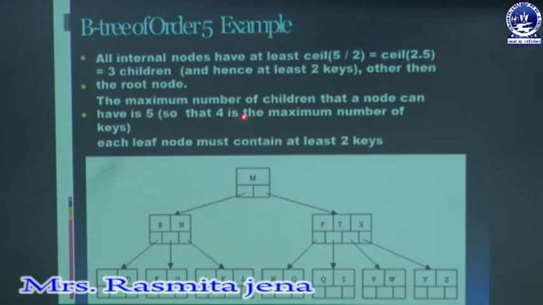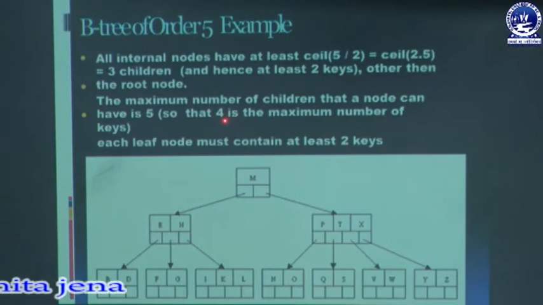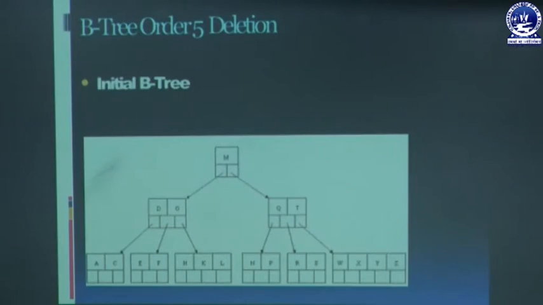The maximum number of keys for a particular node is 4, but at least they must contain 3 children and 2 keys, and at most 5 children and 4 keys. Each leaf node must contain at least 2 keys. This is the condition for the B tree, and we will perform the deletion operation on it.